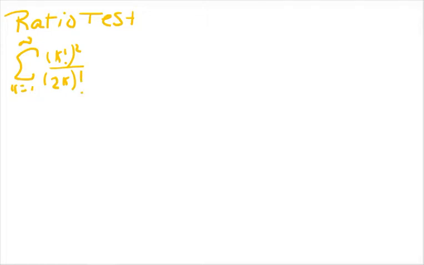factorial. And with the ratio test, you're comparing the a_{n+1} term. You're creating a ratio of these two successive terms in the series, and you're looking at the limit as n approaches infinity.